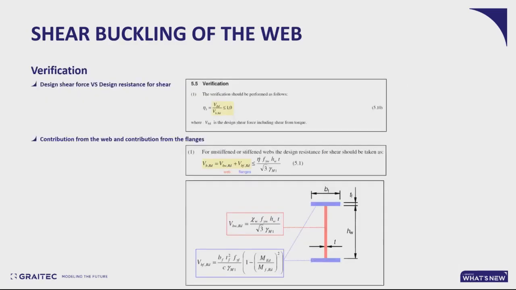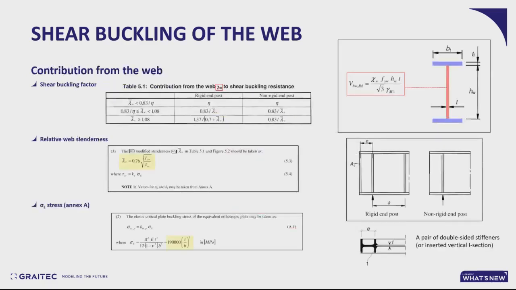So this verification is about comparing the design shear force with the resistance for shear of the member. And the resistance for shear is coming from the web, but also from the flanges. But to be honest, it's mainly coming from the web.